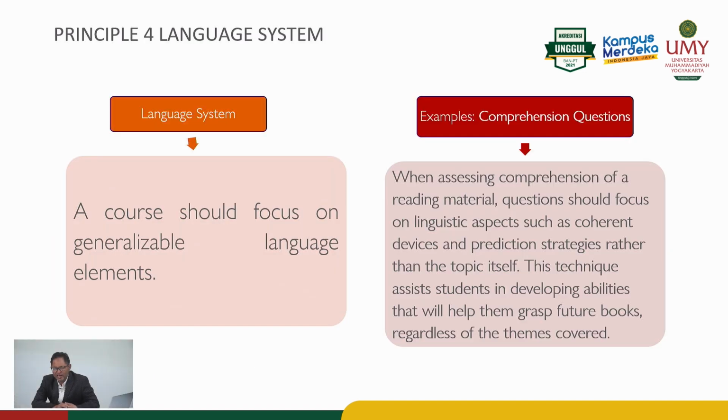The next principle is language system. A course should focus on generalizable language elements. For example, when assessing comprehension of a reading material, questions should focus on linguistic aspects such as coherence devices and prediction strategies, rather than on the topic itself.